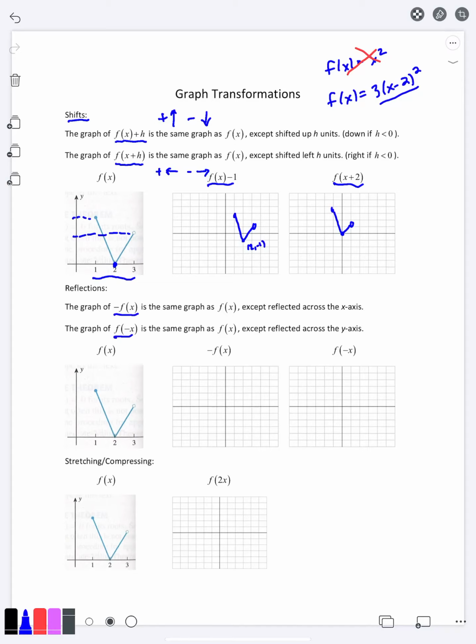So for this first one, since the negative's on the outside, it means that we are going to flip it down. And that means it's still going to be at (2, 0), but instead of going up and to the right, it's going to go down, something like this. This is an open circle.